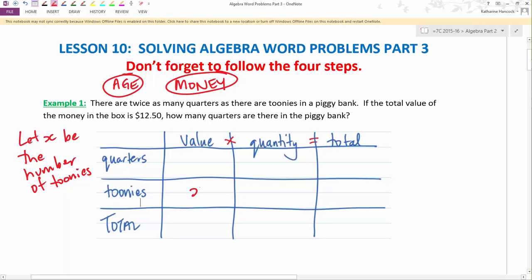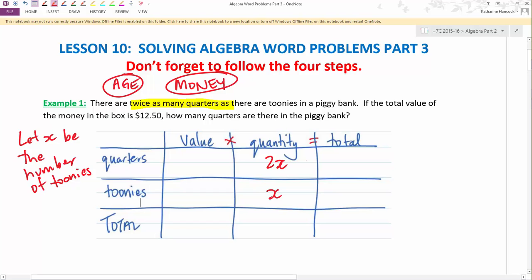And it says we have twice as many quarters, so that's going to be 2x. Sorry, I put those in the wrong space. x is the quantity, the number of toonies, and the number of quarters is going to be 2x.